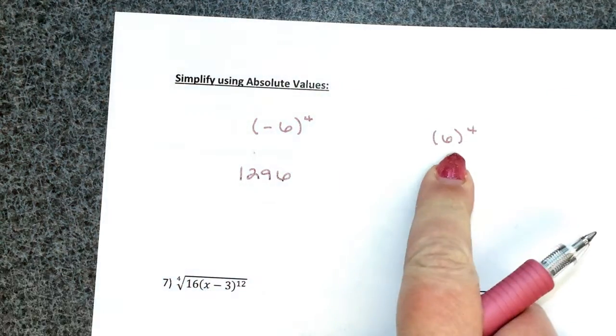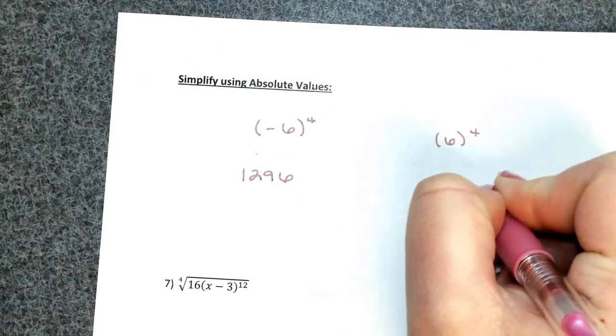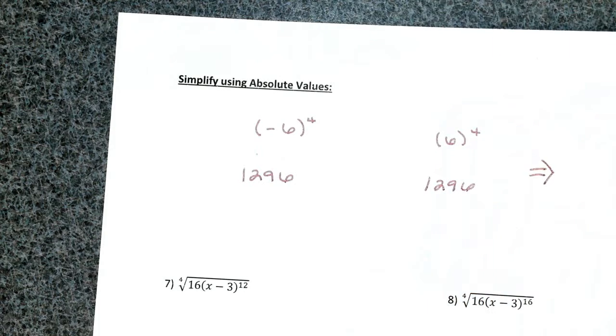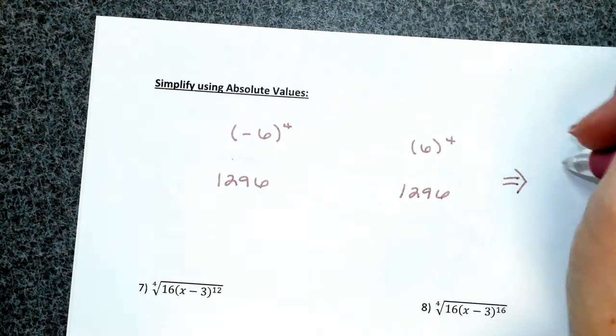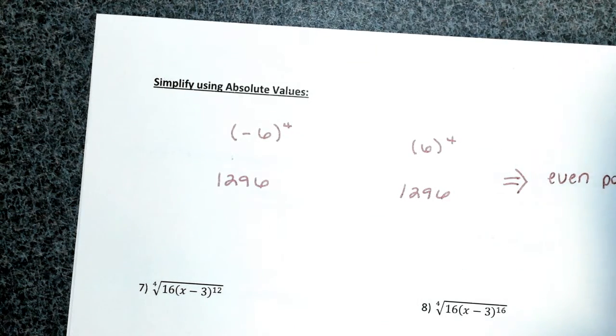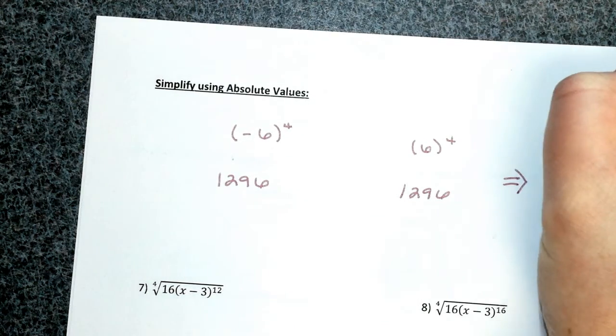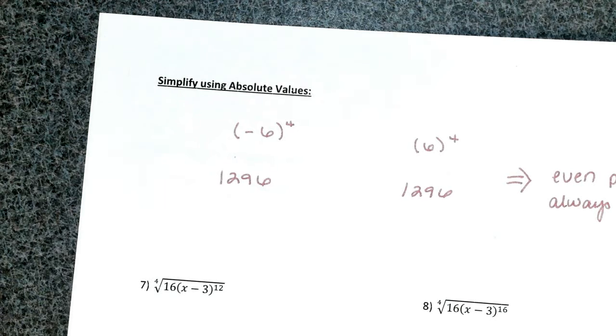What answer do I get over here? Same thing. Okay. If we take any number to an even power, your answer is always positive. This is because two negatives multiplied together make a positive.